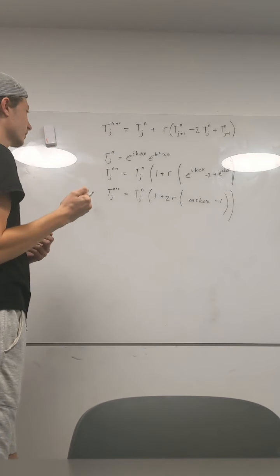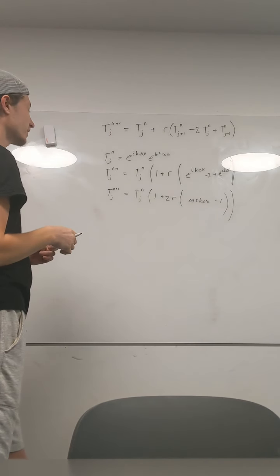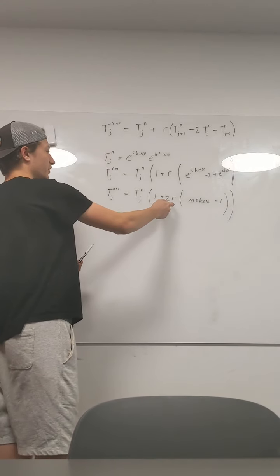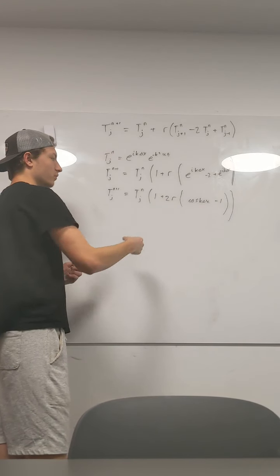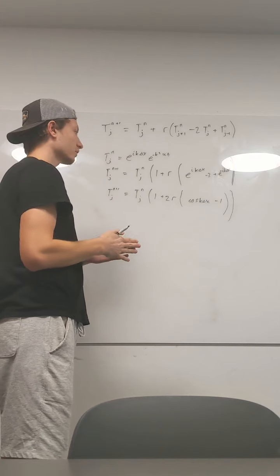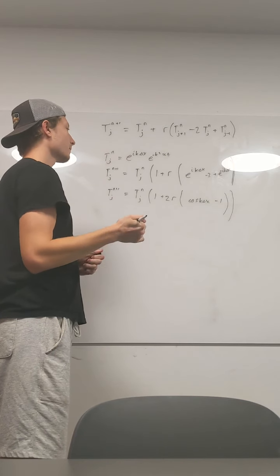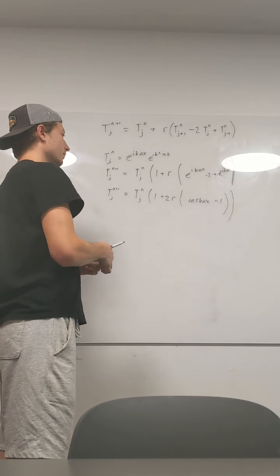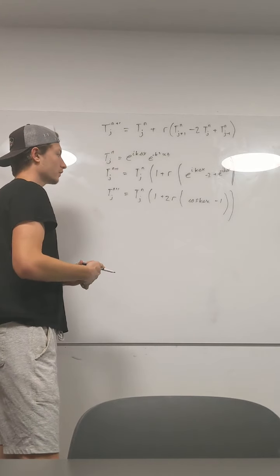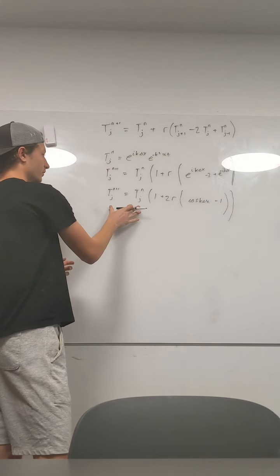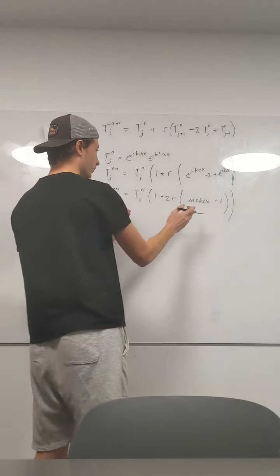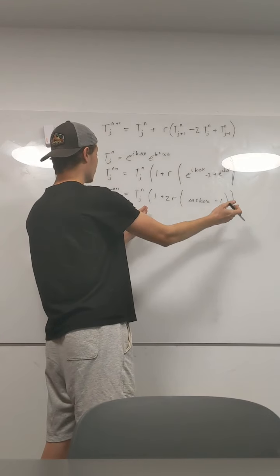Now, the important thing is that we have to figure out what R can be in order to keep the constraints for the stability. So we don't have to worry about this section anymore. We just have to worry about this part right here.